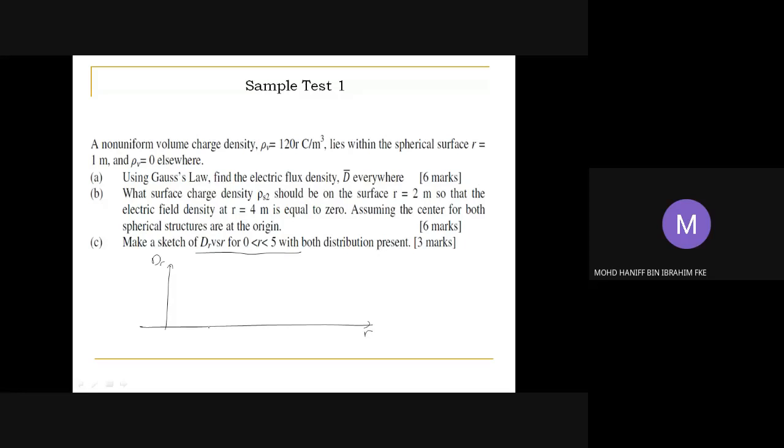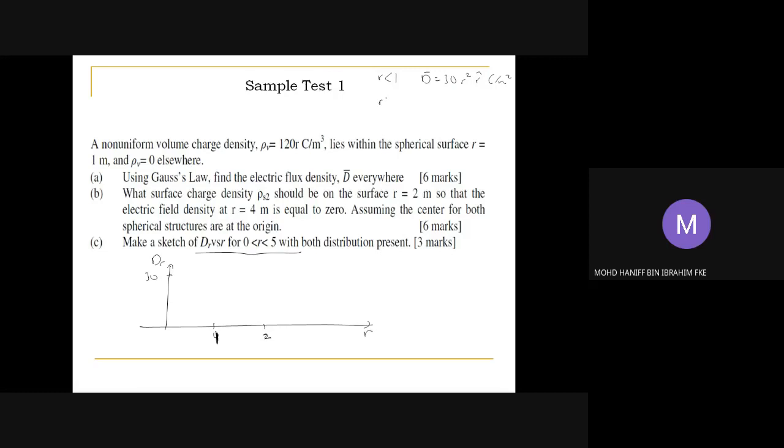So basically, we have only a few regions to be considered, from 0 to 1 and 2. This is 1, this is 2. Remember, if I rewrite this again for you, for r less than 1, we have the vector D as 30 r squared, direction of r, coulombs per meter squared.